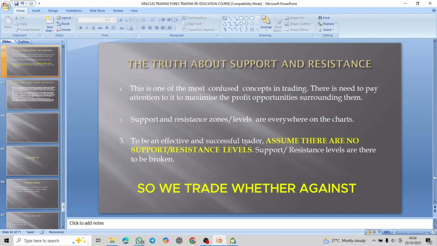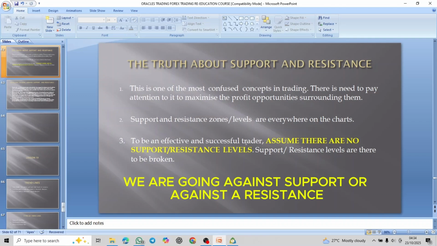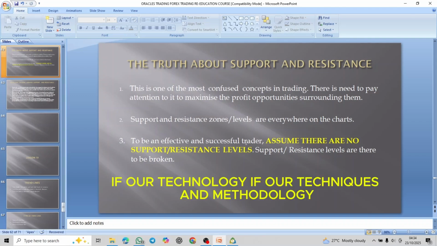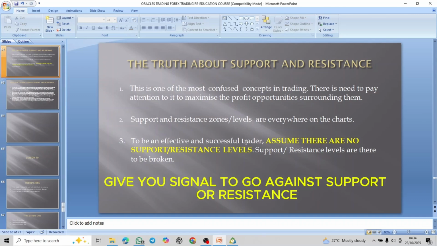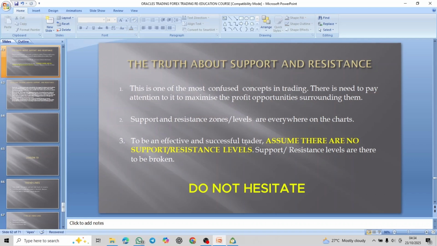So we trade whether we are going against support or against resistance. If our techniques and methodology give you a signal to go against support or resistance, do not hesitate. Do not hesitate. I repeat.